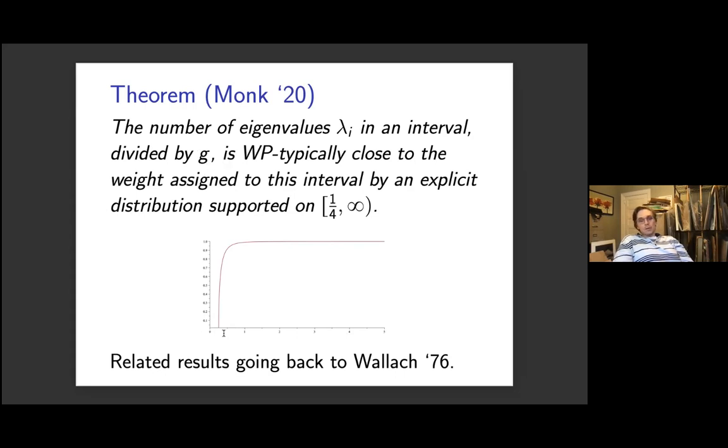If you look at the number of eigenvalues between 0 and a quarter and divide by g, that's typically close to 0, going to 0 as the genus increases. So this result doesn't say that there are no eigenvalues of less than a quarter, but it says you don't expect many of them. It's exactly analogous to the result we mentioned before with the Kesten-McKay distribution, but now there's this distribution that comes from the tanh, the hyperbolic tan function.